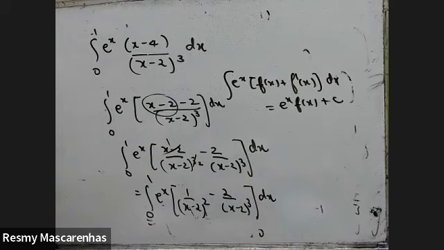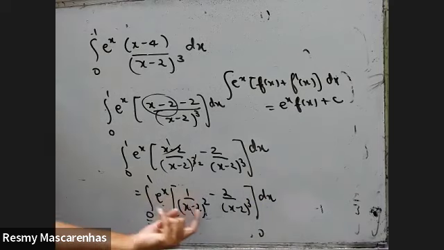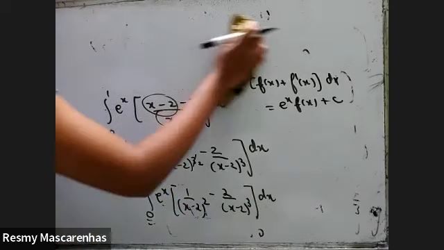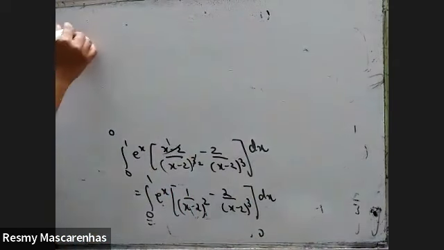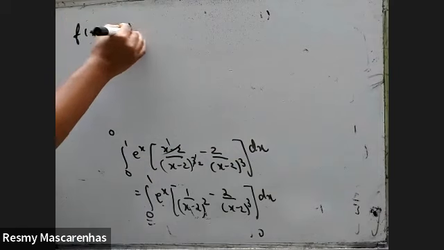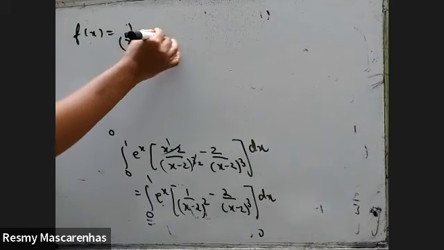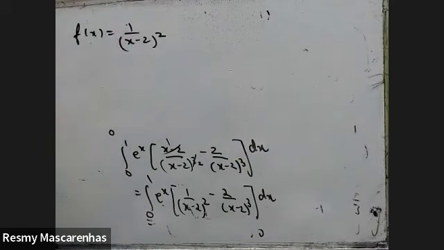Now we will see if it is fitting in that form. We'll check what is f of x. Let me take this as f of x and see. F of x is, suppose, now I'll try to find the derivative of this.